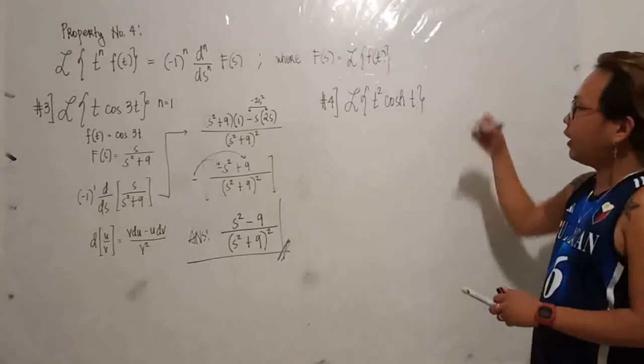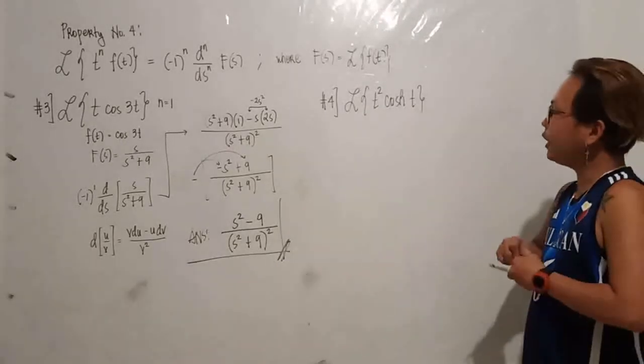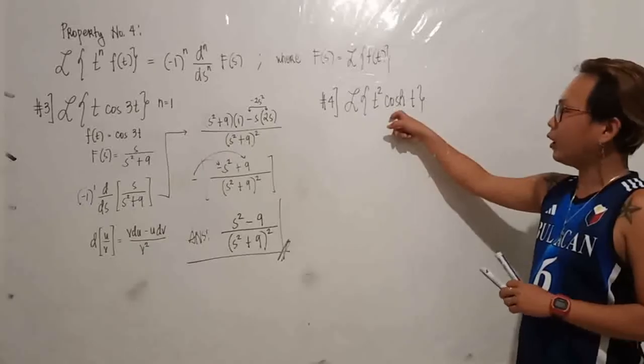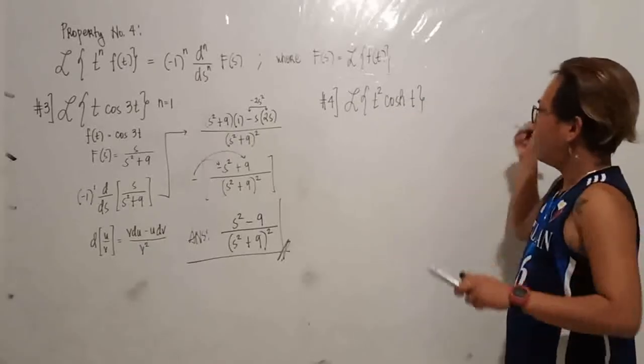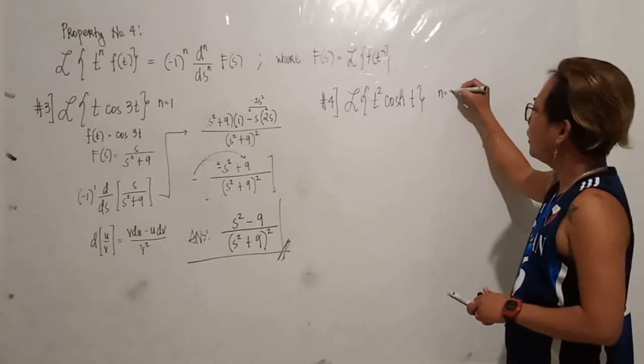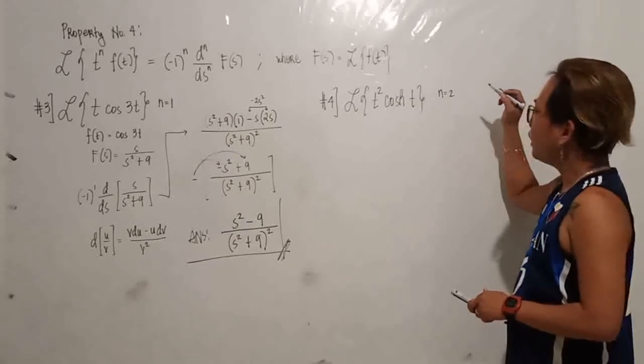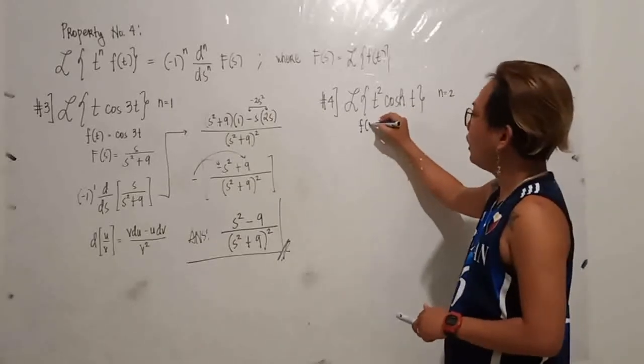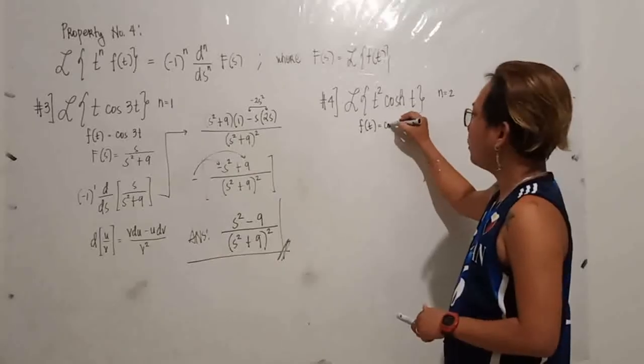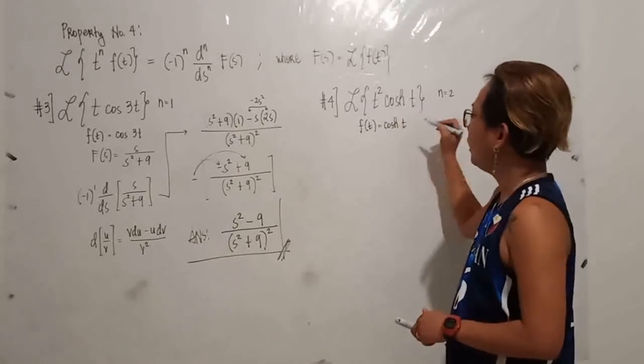Example number 4, you have the Laplace transform of t squared in the hyperbolic cosine of t. The value of n here is 2. Then you will have your f of t as hyperbolic cosine of t.